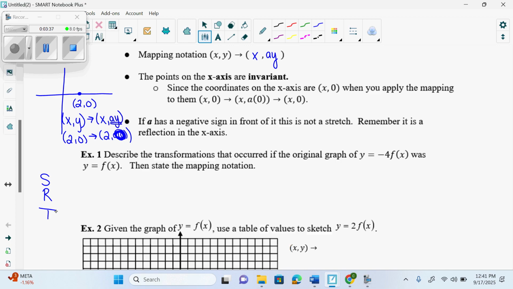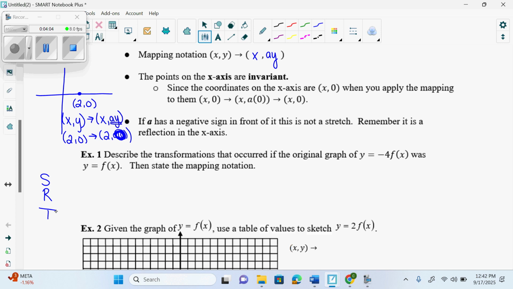So if your brain falls out of your head, write them in alphabetical order. R-S-T, reflection, stretches, translations. I'll always go stretch, reflect, translate, because it's just the way we talk about them. But if you listed it on a test or on the diploma in RST, reflect, stretch, translate, it's still right. Because reflect and stretch are both multiplication, so they can be done in any order, right? But then the translations have to come last because they're addition, subtraction, bed maps.